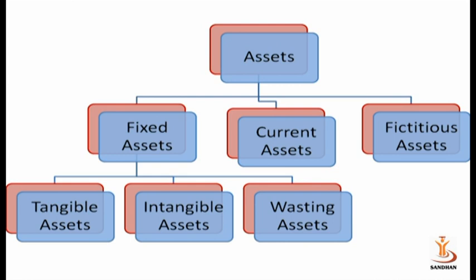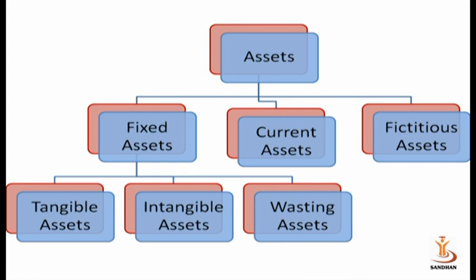And other assets, current assets. Current assets like inventories, debtors, cash, etc. And fictitious assets. The other name of fictitious asset is the expenditure or miscellaneous expenditure up to the extent it is not written off.